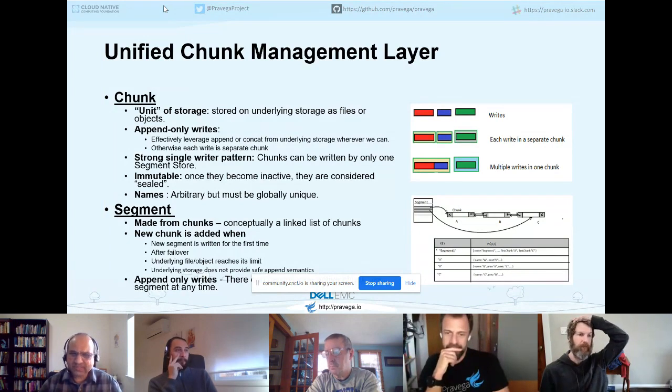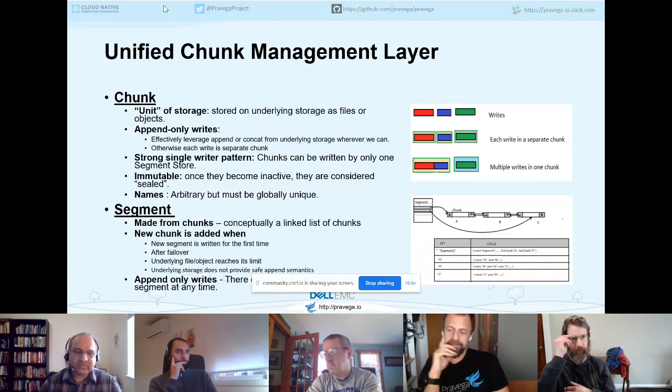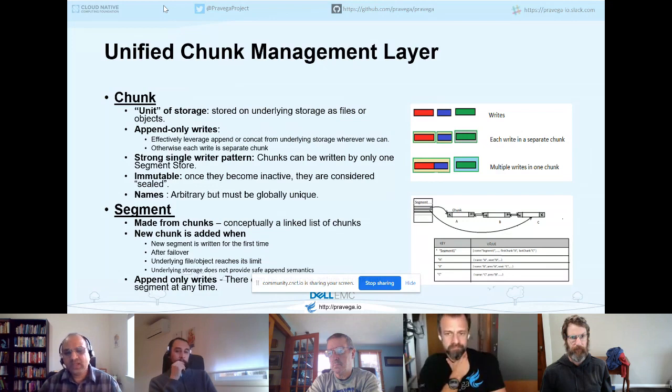The chunk names themselves are arbitrary, but the only requirement is that they must be globally unique. Like I explained before, the segment is made from multiple chunks. You can think of it conceptually; there is a diagram at the bottom right. A segment is made up of two types of records.